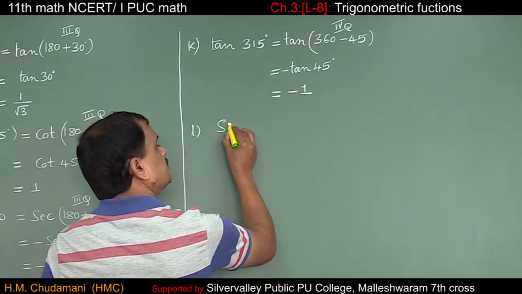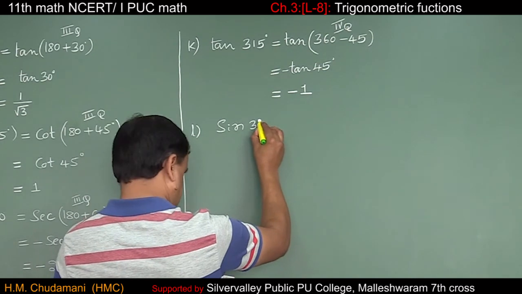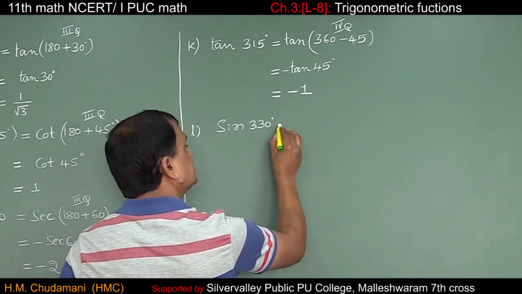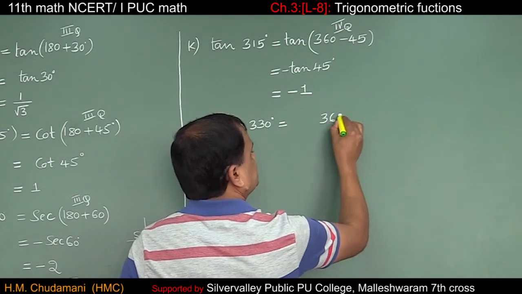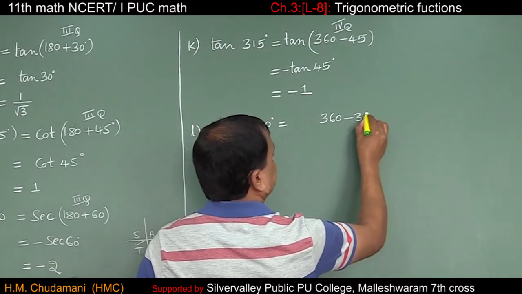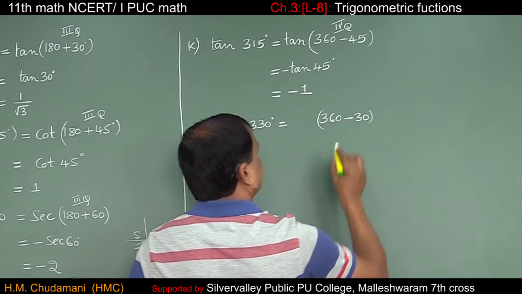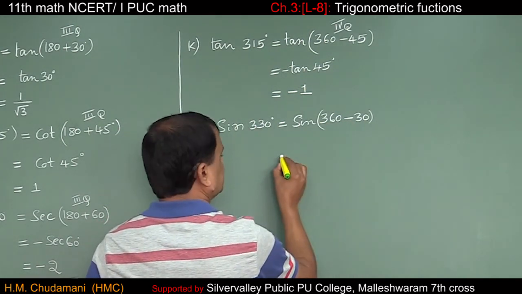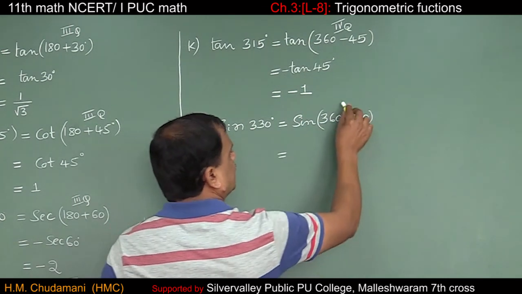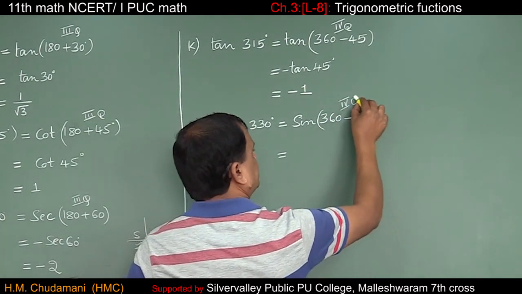Next, sin 330 degree. Sin 330 can be written as 360 minus 30. So sin of 360 minus 30 is again in the fourth quadrant.